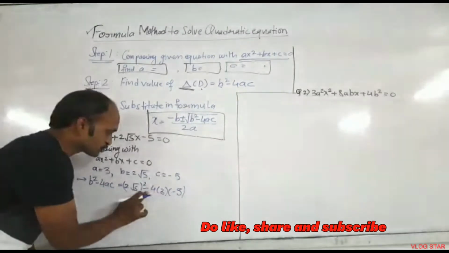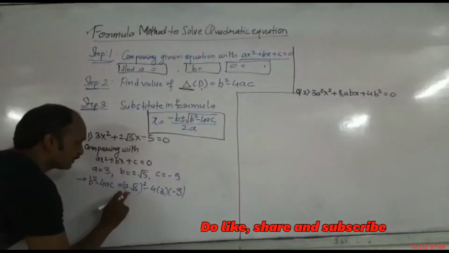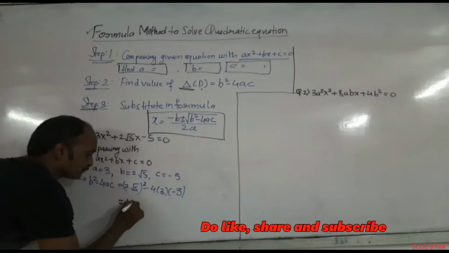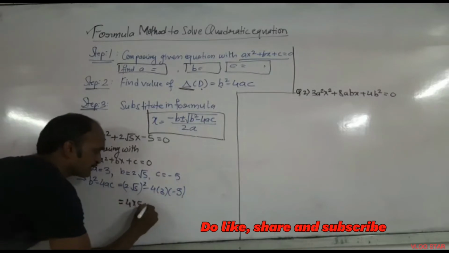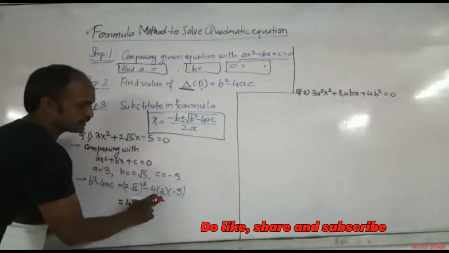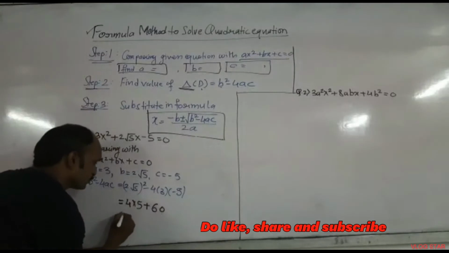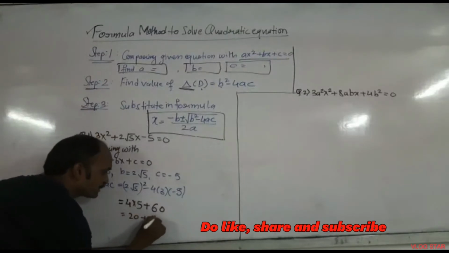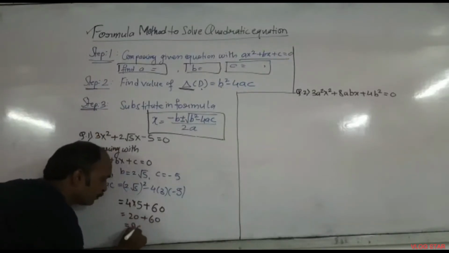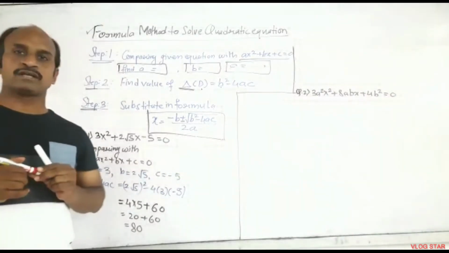So minus minus is what? Plus. So you will get 2 root 5 whole square is 4 into 5, which is 20, and then minus minus plus, and this will be how much? 4 threes are 12, 12 fives are 60. So you will get 20 plus 60, that is equal to 80. So we have got b square minus 4ac is equal to 80.